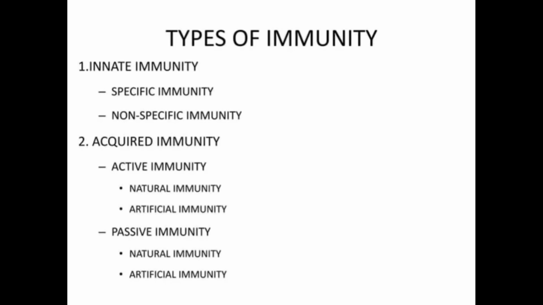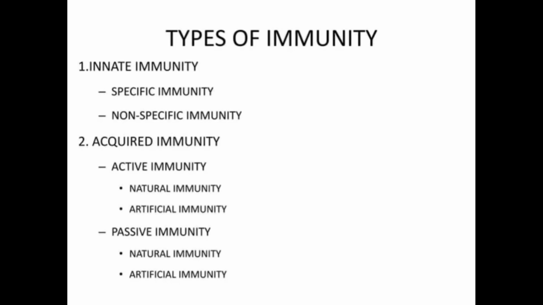Innate immunity is again divided into two types: specific immunity and non-specific immunity. Specific immunity means the inborn immunity that is specific to some circumstances or some diseases. Whereas non-specific immunity deals with immunity which is not specific.